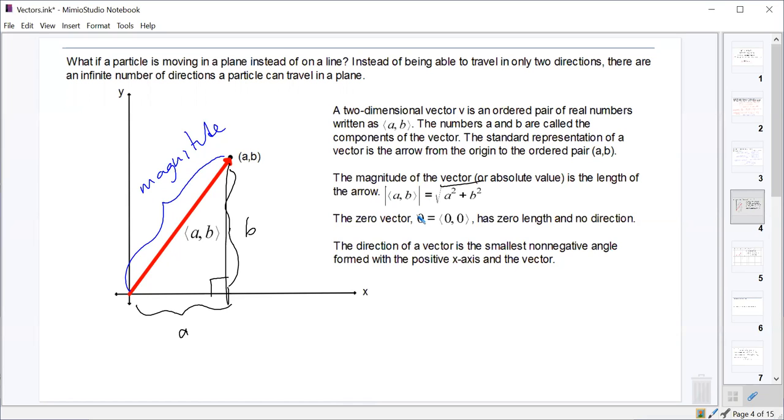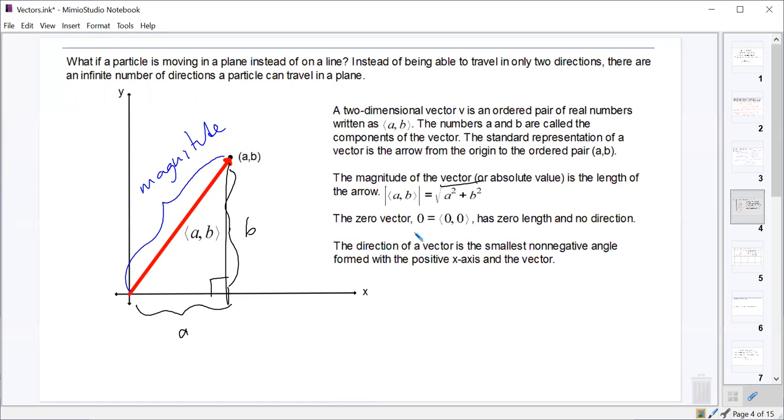Positive? Well, yeah, it's always going to be positive, right? Because speed is always positive. But it should be equal to the magnitude of the velocity vector. The speed of the particle should always equal the magnitude of the velocity vector, because speed is the absolute value of velocity. We'll get more into that later, but I just wanted to bring that up.